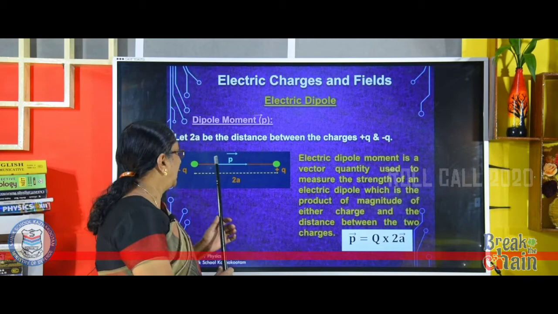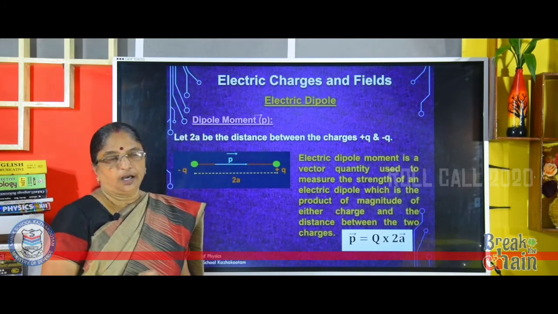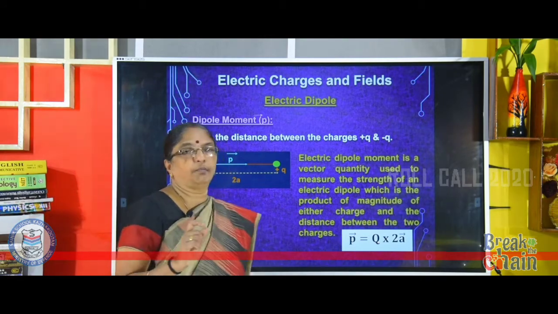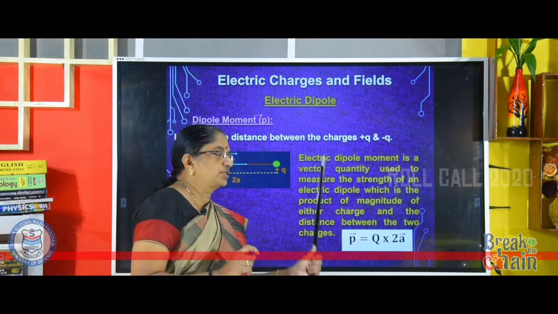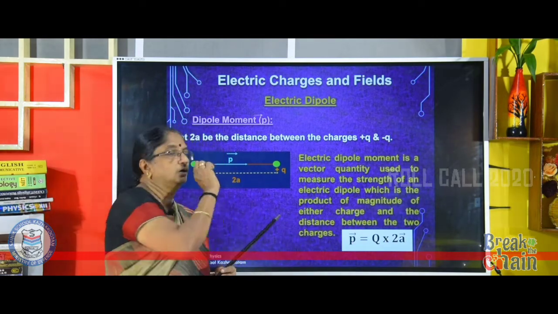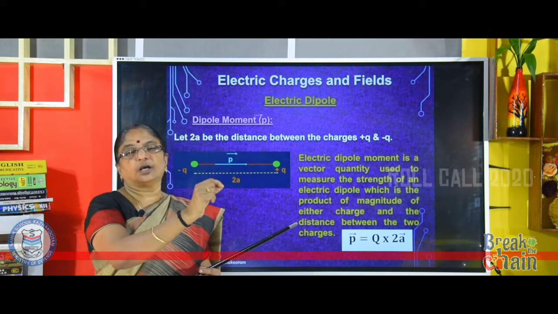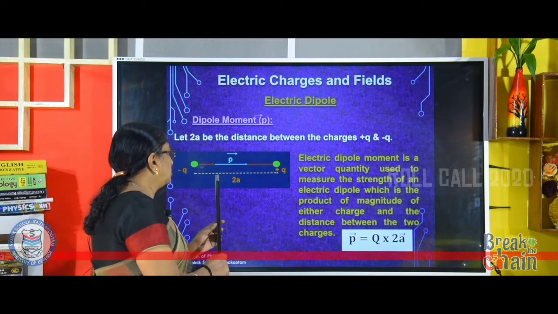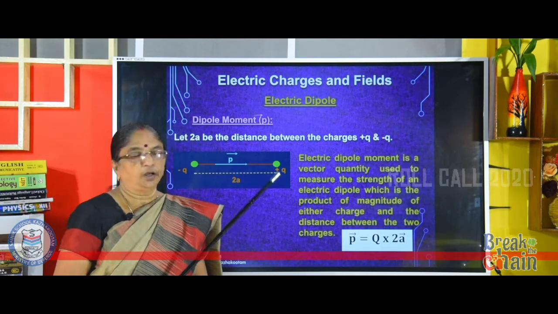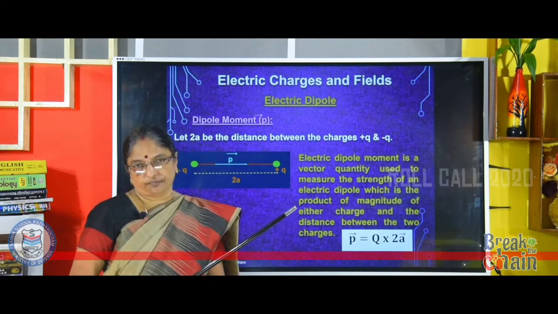But when you measure the length between plus q and minus q, the length is a scalar and charge is also a scalar. So, to represent dipole moment as a vector, we say that 2a is the displacement of the positive charge from the negative charge. So, 2a shows the direction of the dipole moment. 2a must be from the negative charge to the positive charge.